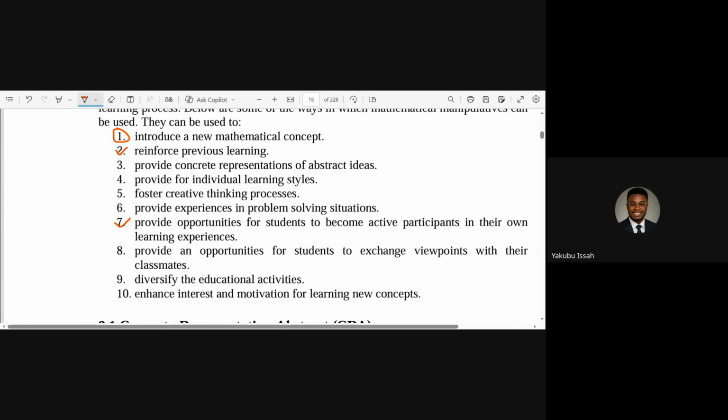Okay, I'm taking the provide for individual style. With the individual style, you introduce the new concepts in simple language, and after that, you give each child their own set of manipulative material, so that each child will work on that manipulative material to perform the work that you have assigned to them.